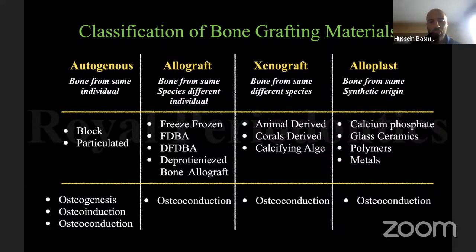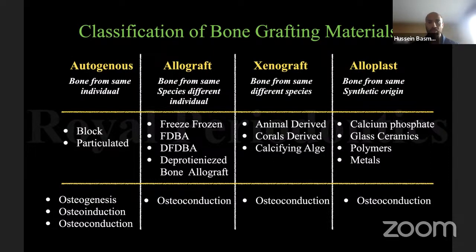When we talk about osteoinduction, we're talking about bone graft that is going to target some cells in order to differentiate into bone-forming cells, such as the undifferentiated mesenchymal cells. This is also helpful whenever we're doing bone augmentation, especially for those defects that are harder to regenerate. Autogenous definitely is osteoinductive.